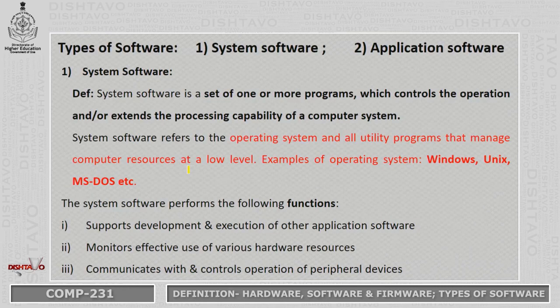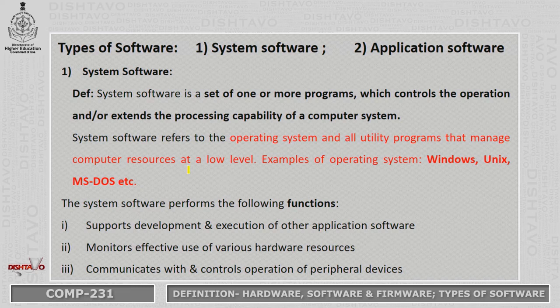Types of software. As we discussed software and hardware, now we are discussing different types of software. There are two types: system software and application software. System software means a set of one or more programs which controls the operation or extends the processing capacity of the computer.